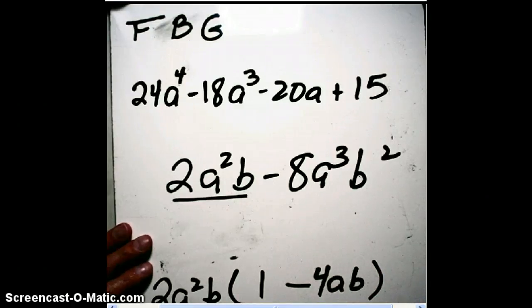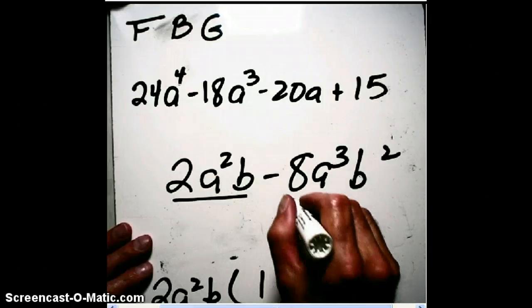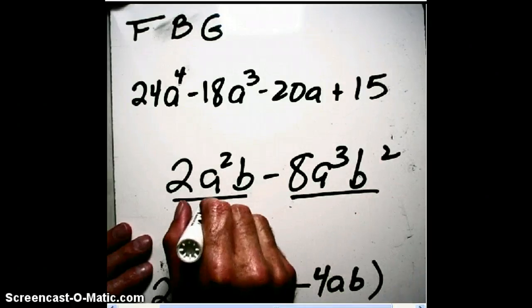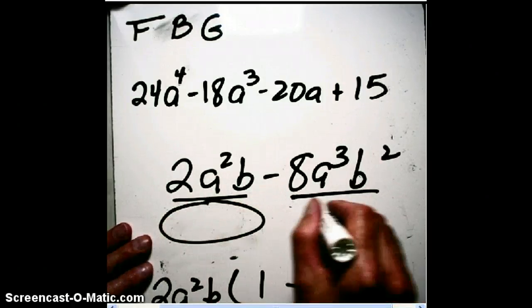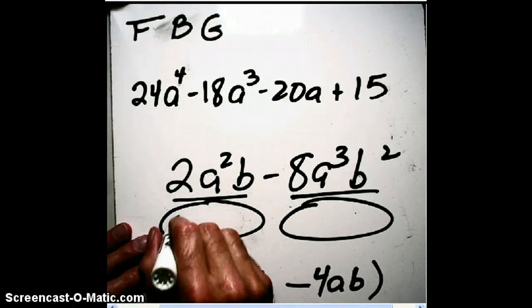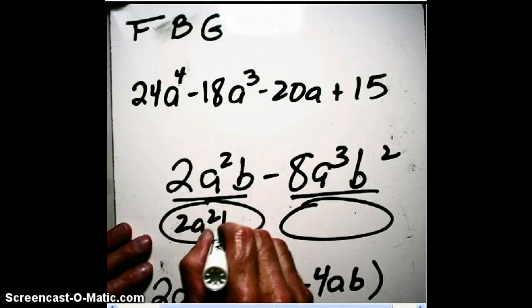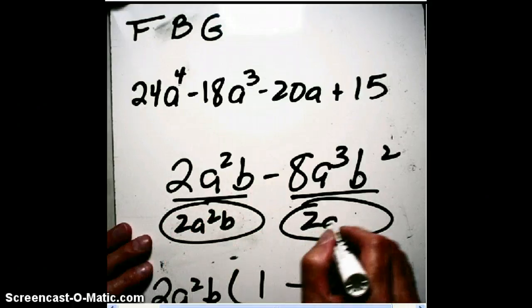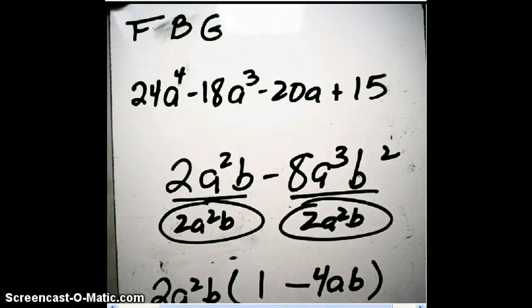Okay, if you're saying I am not getting this, then what you can use are what I call factor training wheels. Put the greatest common factor here and here. Now it's kind of easy for you to figure out what it is. What's this over this?